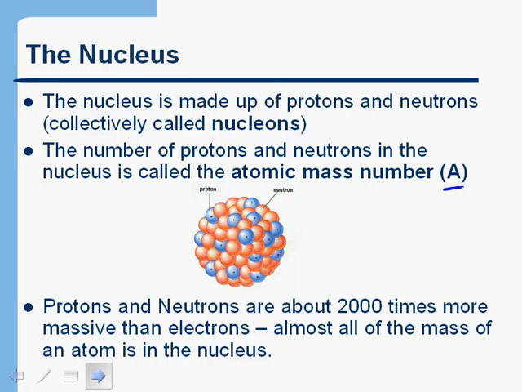One of the other things that's interesting about atoms is that because protons and neutrons are about 2,000 times more massive than electrons, almost all of the mass of the atom is located right there in the nucleus. The electrons have almost no mass compared to the protons and the neutrons.